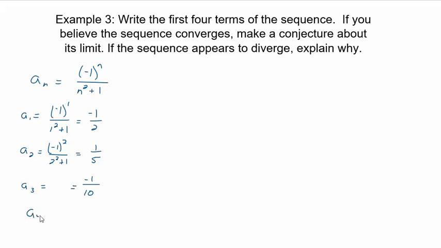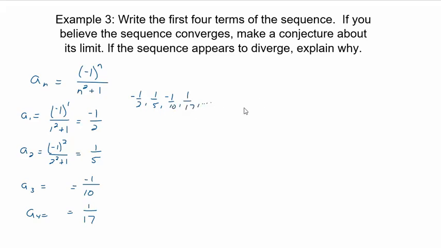And the fourth term, we're going to get -1 to the fourth power, which is positive 1, and 4 squared plus 1 is 17. So the first four terms are -1/2, positive 1/5, -1/10, positive 1/17, and we could keep going.